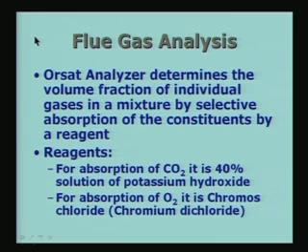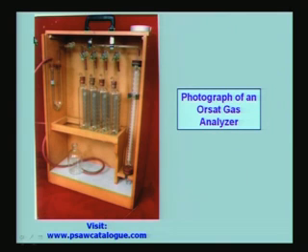So, in the case of the Orsat analyzer, the instrument is usually made of glass, and the picture shows a photograph of an Orsat gas analyzer, which I have taken from the catalog of the manufacturer. So, you can see here that there are several vertical tubes which actually contain the reagents, and on this side you can see a burette.